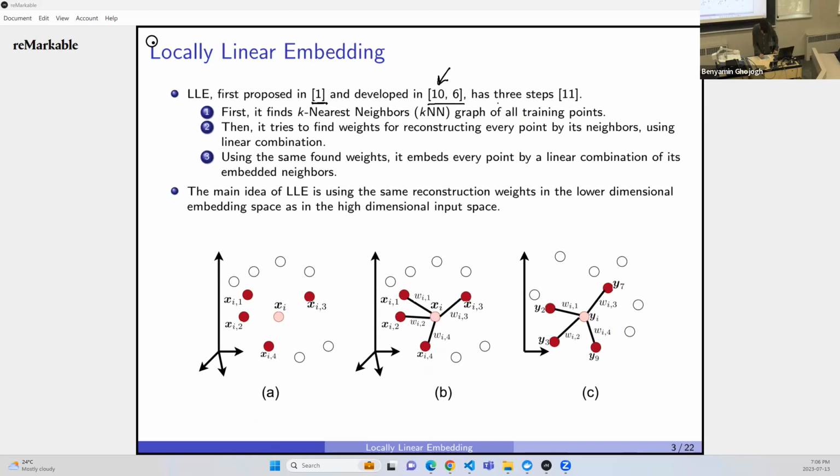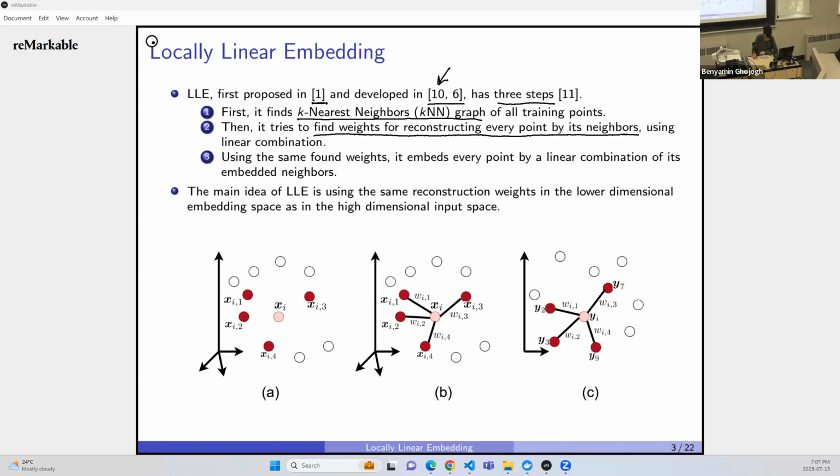It has 3 steps. First, it finds the k-nearest neighbors graph of all training points. K is a hyperparameter here. If two points are close to each other in the input space, they should be connected in the KNN graph, right? Then it tries to find the weights for reconstructing every point from its neighbors.